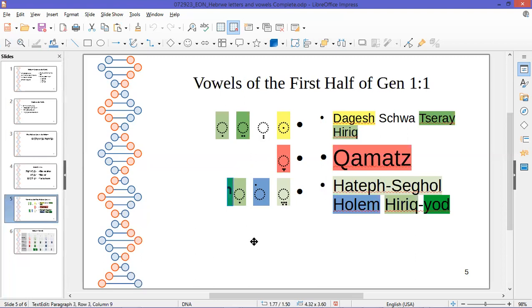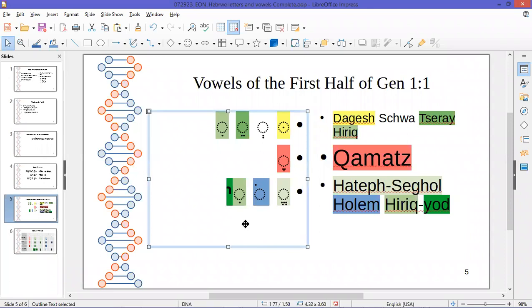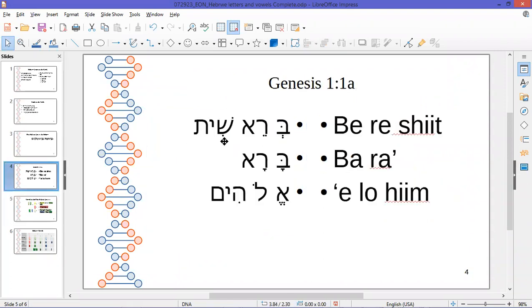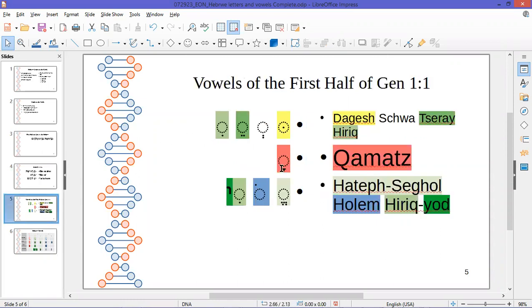Because I wanted y'all to see that when it combines with this yod and when you have it by itself, that's why I didn't do it. How this is over here, this is combining with this yod just like this is combining with this yod. Okay. And then bara, we have this right.